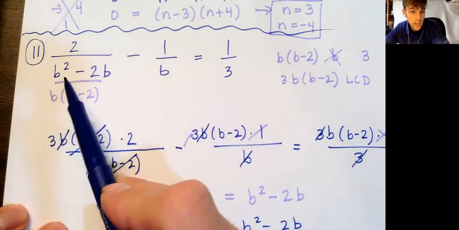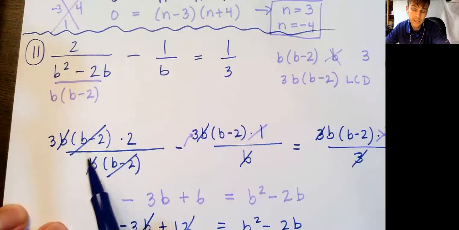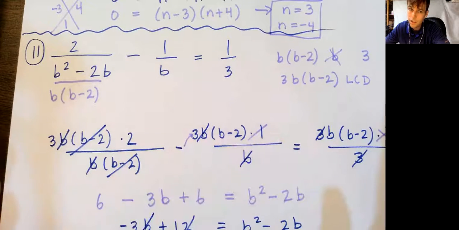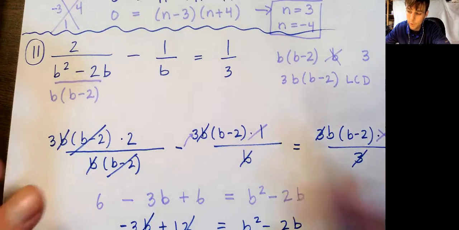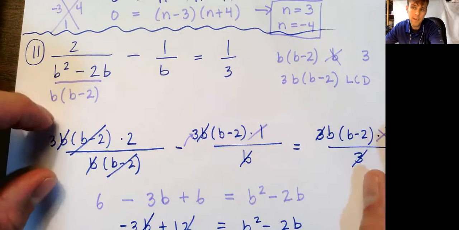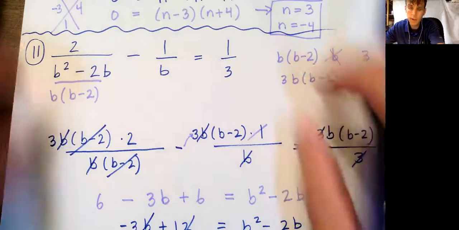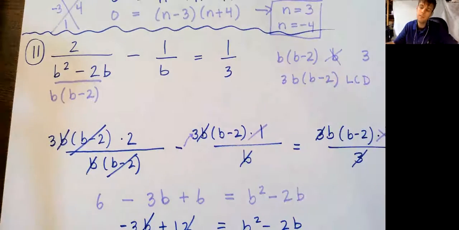So again, when you're checking, you always want to go back to your original, because once we get to this step where we multiply both sides by the variable, we've changed something fundamental about the equation, and this is the step where we possibly introduce extraneous solutions. So we can't start here or anything after that. We have to go back to the original.